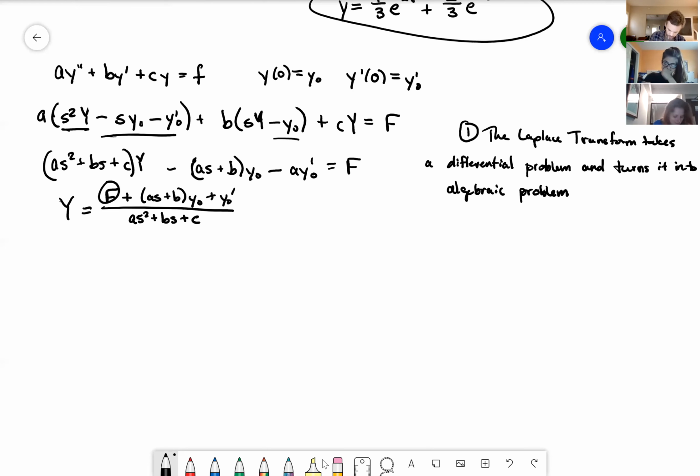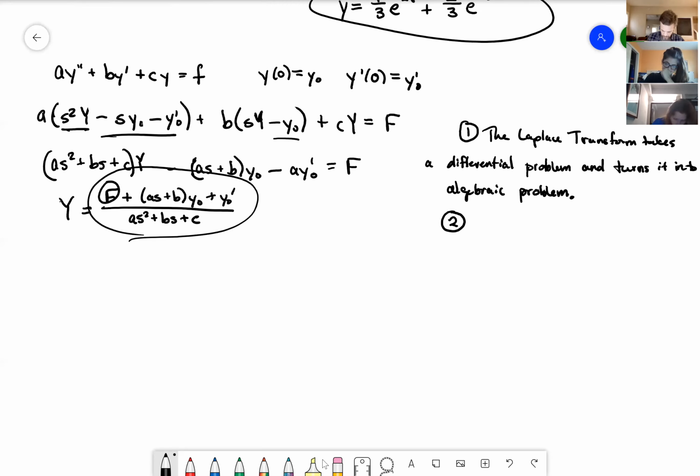Right, this was something that we could solve just using addition, subtraction, multiplication, and division. So that's really powerful. Now we're left with the problem of going back in the other direction. We'll come to that in just a second.